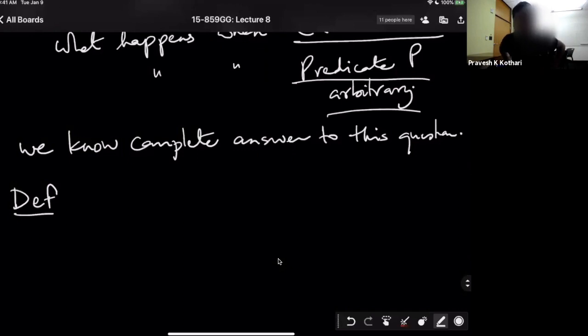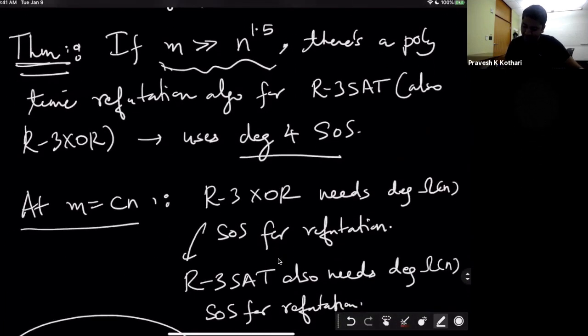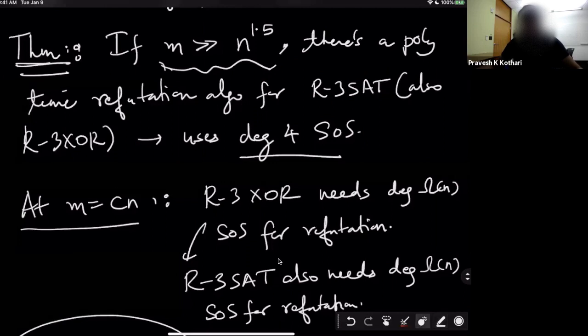Okay, so what I'm going to describe to you is the answer. We already know, or at least I already claimed, that if you want polynomial time refutation algorithms, at least using SOS, then you need n to the 1.5 or a larger number of constraints. It's some weird, funky number, n to the 1.5, for random 3XOR or 3SAT.